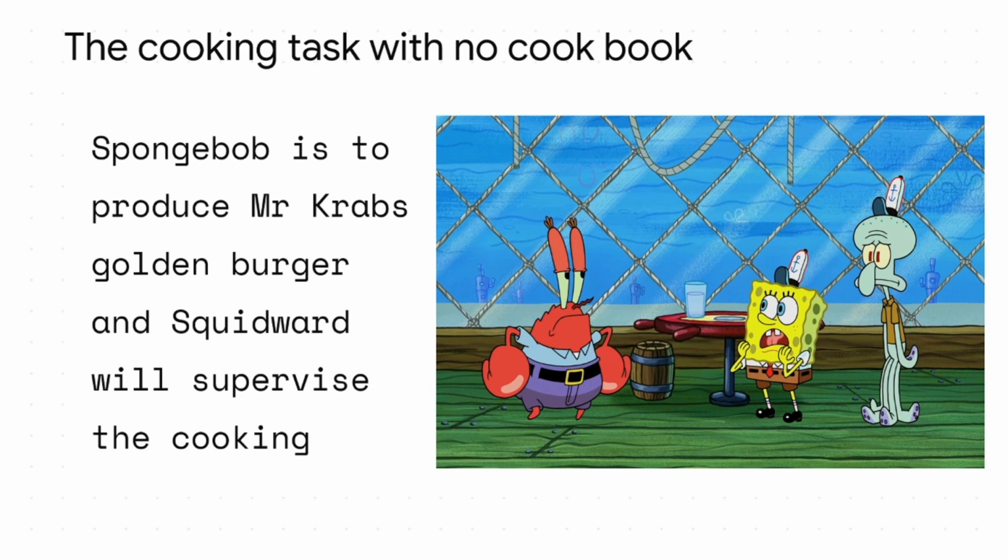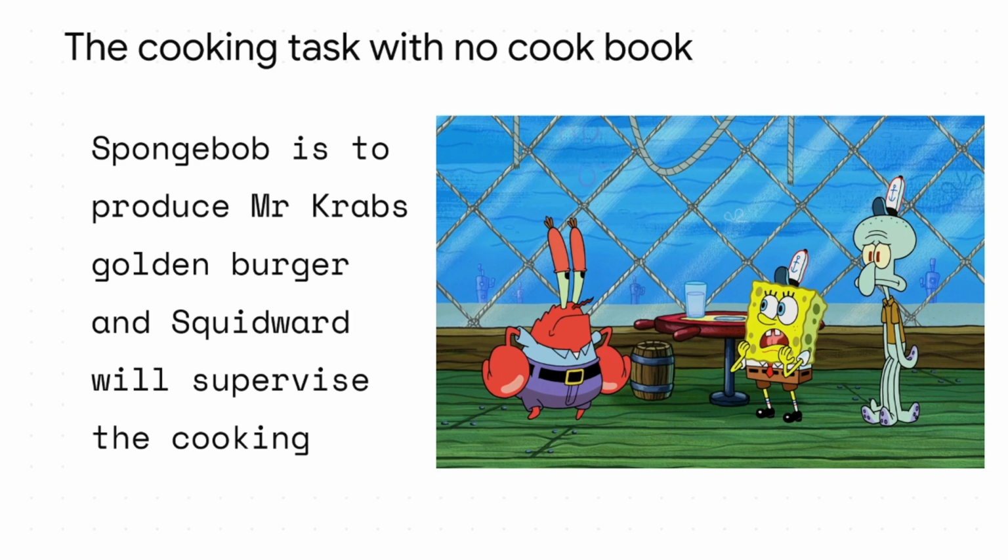So remember, SpongeBob is the generator, right? Mr. Krabs, who in quotes is the AI engineer here, gave SpongeBob a task to produce a golden burger, and Squidward would supervise the cooking. The twist here is that SpongeBob doesn't have a template or a cookbook to learn how to produce Mr. Krabs' golden burger.